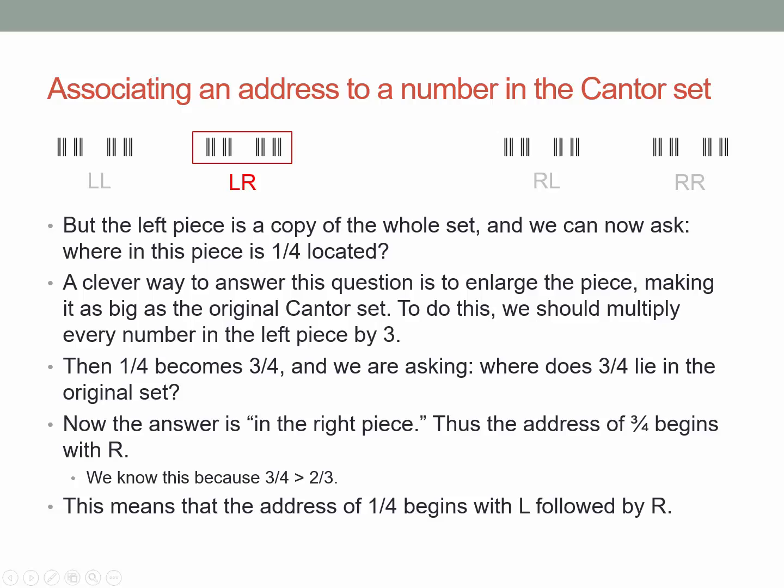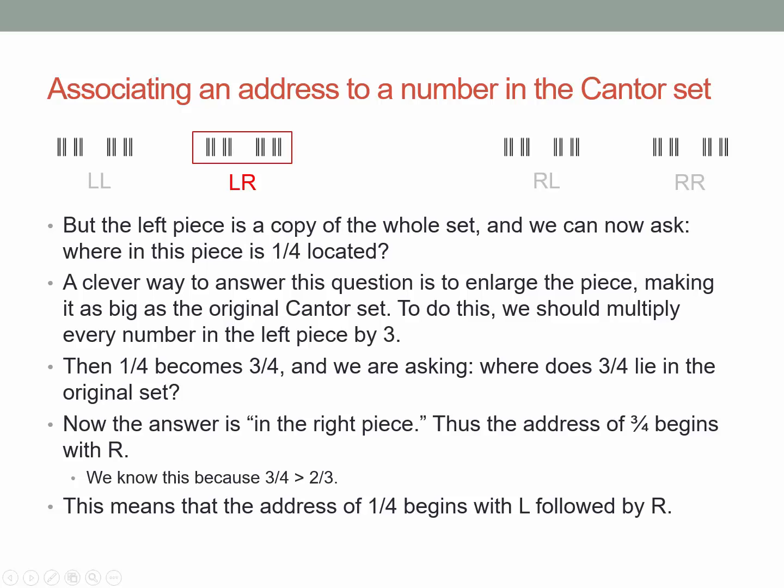So 0 stays where it is, but 1/3 gets pushed out to 1. And the number 1/4 goes along for the ride. Where does it go? Well, it goes to 3/4, right? We were multiplying by 3. So if we enlarge the left piece to make it match the entire Cantor set, then 1/4 goes to 3/4, and we are asking, where does this number 3/4 lie in the original set?